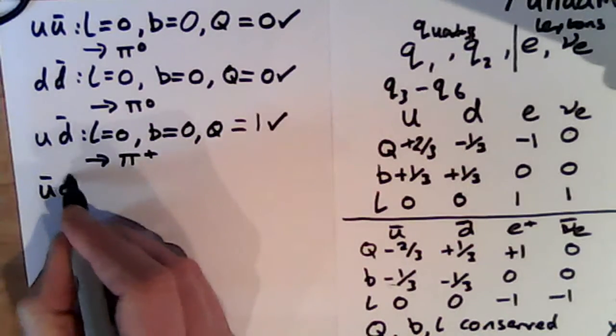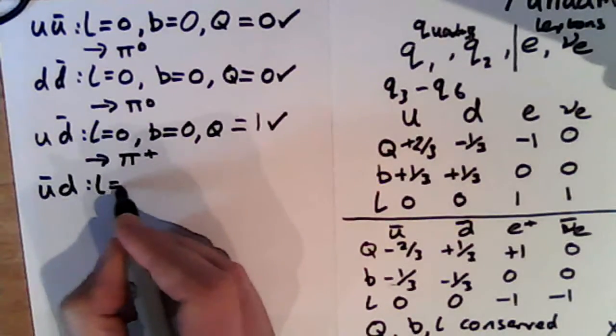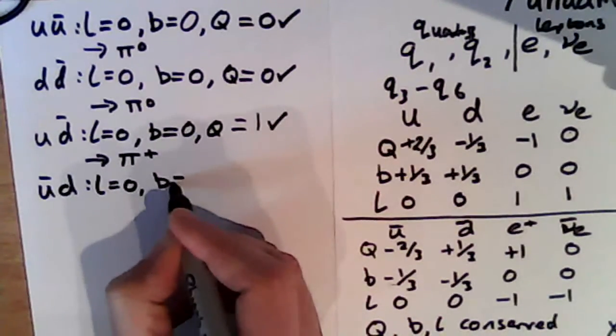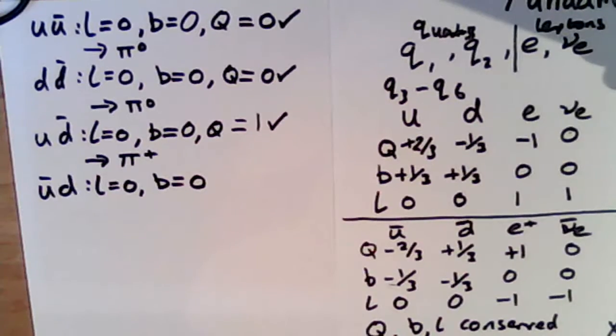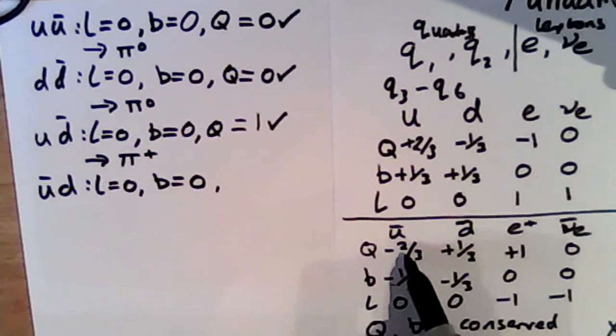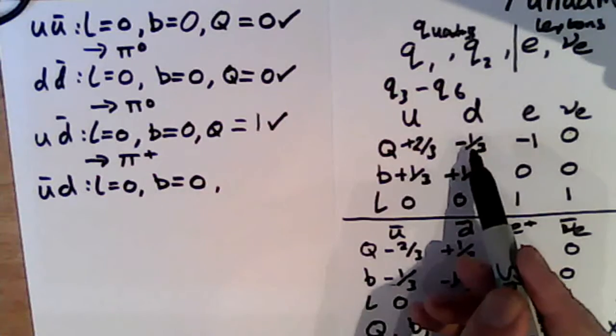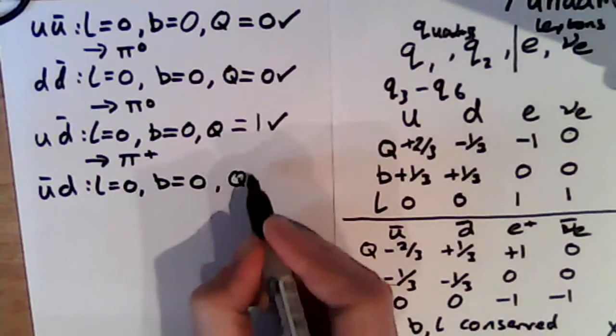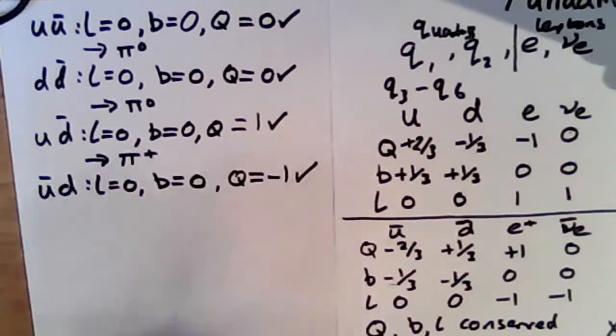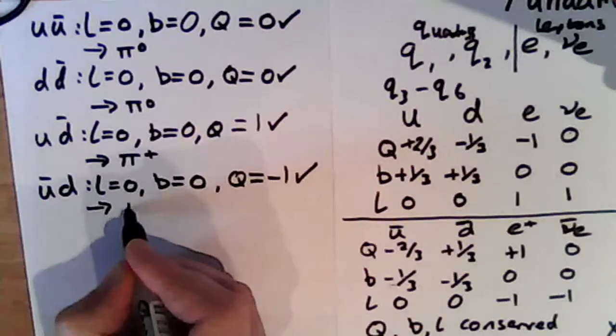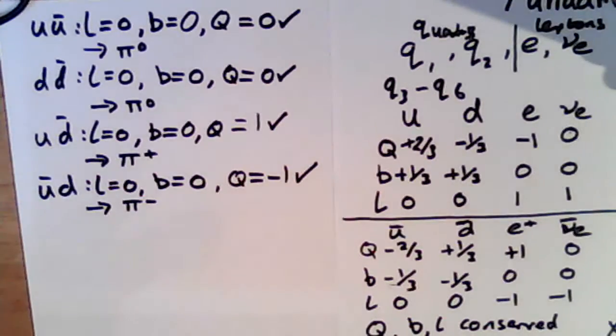We might have an anti-up and down. We can easily guess the lepton and baryon numbers, but now I have an anti-up charge of minus 2/3 plus minus a third. The charge is minus 1, and this is allowed, and this is a pi minus particle.